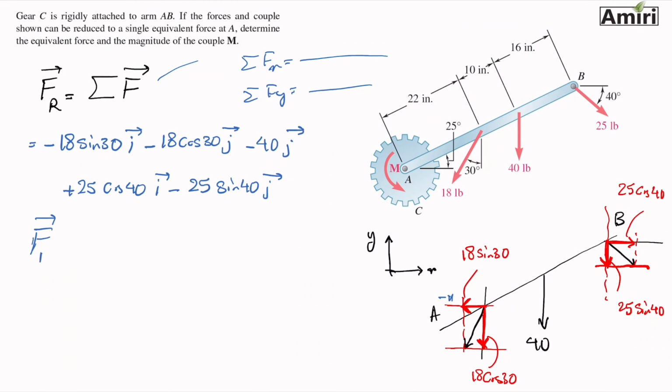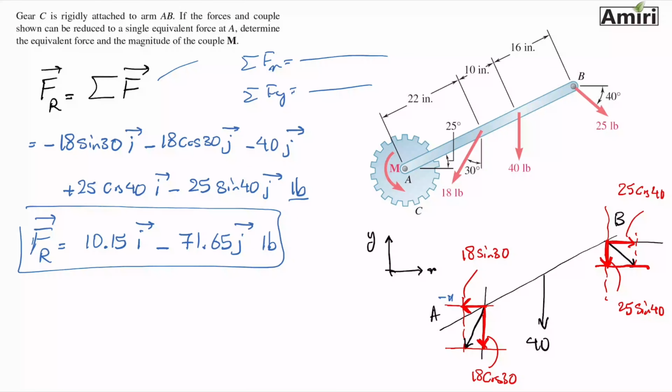So my FR is going to be 10.15 i. Sorry, I didn't put any units anywhere. All of them are units of pounds. Minus 71.65 j, units of pounds. So that's your single equivalent force. If you want to do magnitude and angle and direction, we can absolutely do that too.